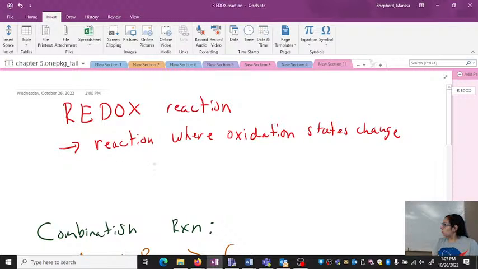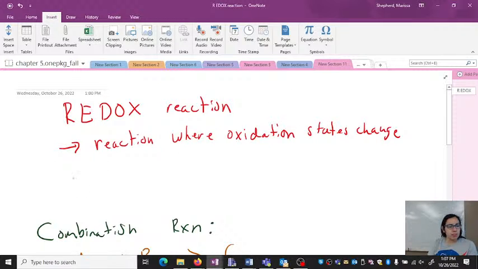The key point in doing this is, y'all have been practicing figuring out our oxidation states. We know if they're in an ionic compound, we can look at the periodic table and see what the charge would be. And so that's going to be its oxidation state.